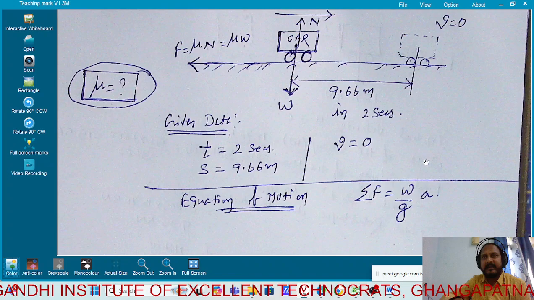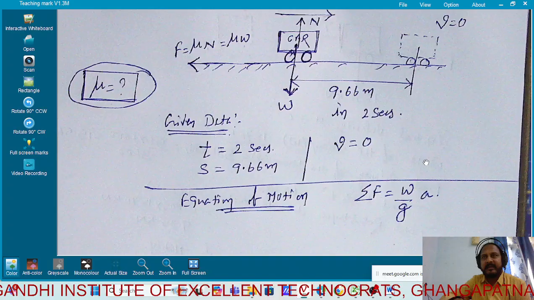In the horizontal direction you can see only one force is there. When you are applying the brakes, frictional force is applied. Due to frictional force only, finally the car is stopping here, and the velocity becomes 0 and it comes to rest. So which force is responsible for the body to stop?